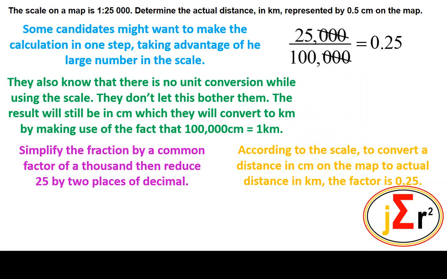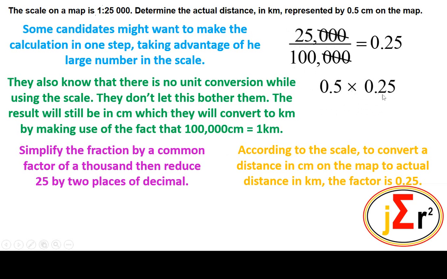So what we will do now, we will take the distance on the map, right there, and we will multiply that by the scale factor that we just determined. And we know that the scale factor was determined by multiplying by the scale and knowing that 100,000 centimeters make a kilometer, we divide by 100,000 right away.